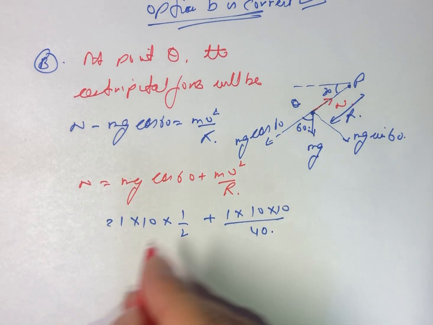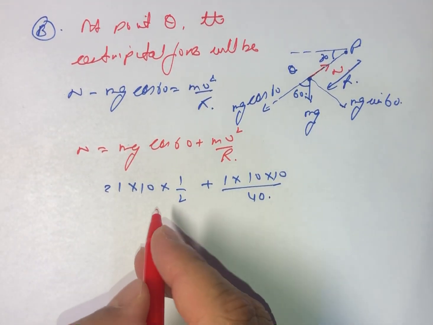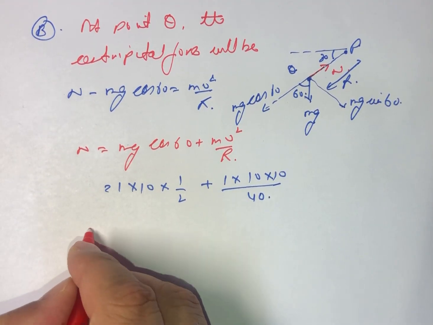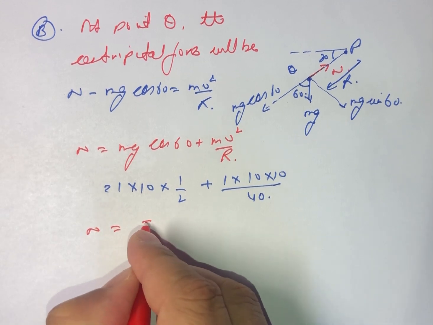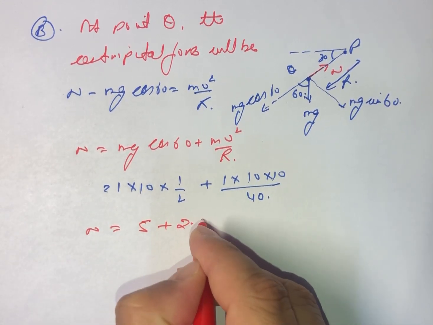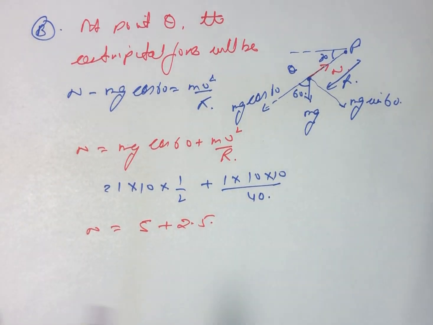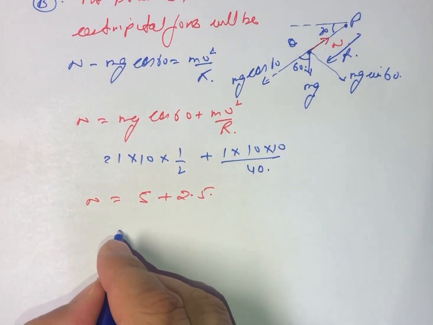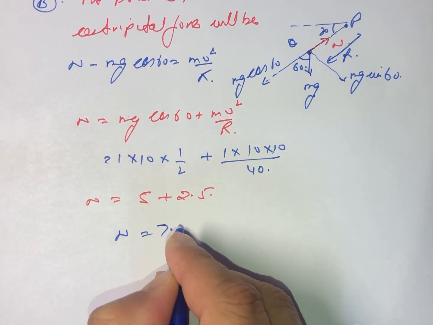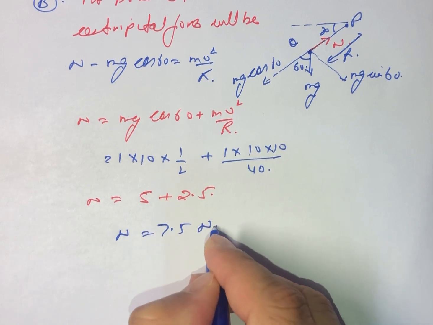So this will be giving us n is equal to 5 plus 2.5, or we can say that the normal is equal to 7.5 newtons.